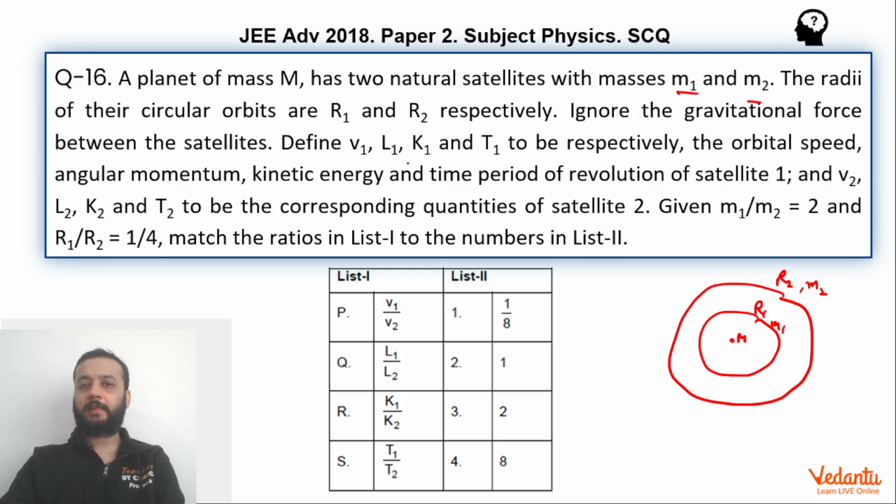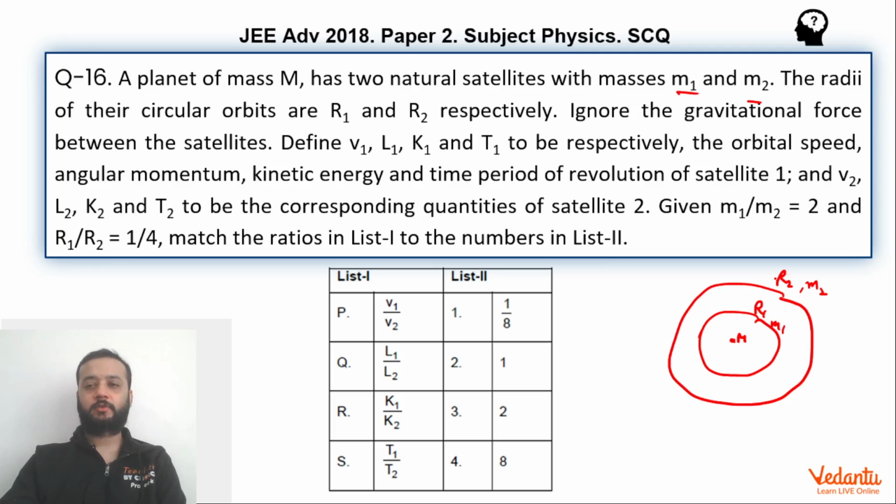Okay, v1, l1, k1 and t1 are the orbital velocity, angular momentum of m1 about capital M, kinetic energy, and the time period of the revolution. Although it's not mentioned that l1 is the angular momentum about the center, that is what we will assume in this question.